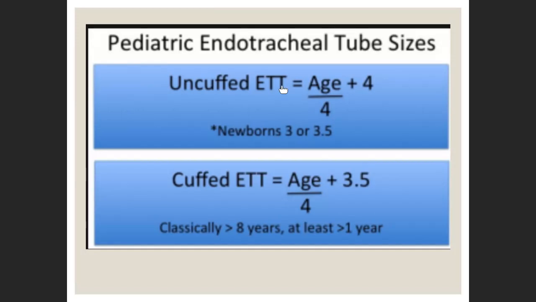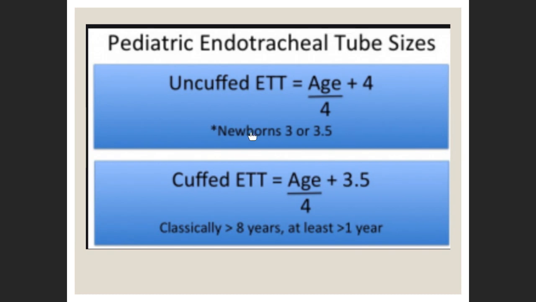So the pediatric endotracheal tube sizes for uncuffed, and we can use uncuffed tubes up to about age 10 sometimes, is the age of the patient over 4 plus 4. For newborns, it's a 3 or 3.5.